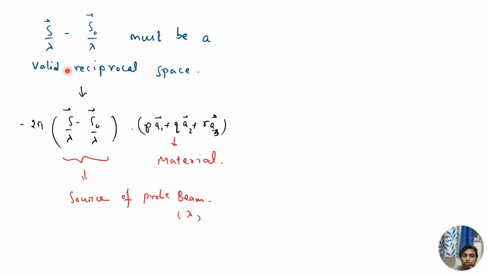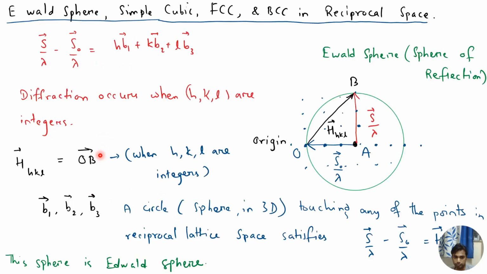This has the information about the source of the probe beam, and this tells you about the material and how they interact, and what we detect is given by this. For constructive interference this has to be a valid reciprocal lattice vector. So to get a diffraction pattern, constructive interference has to happen between O and A, and that happens when h, k, l are integers.